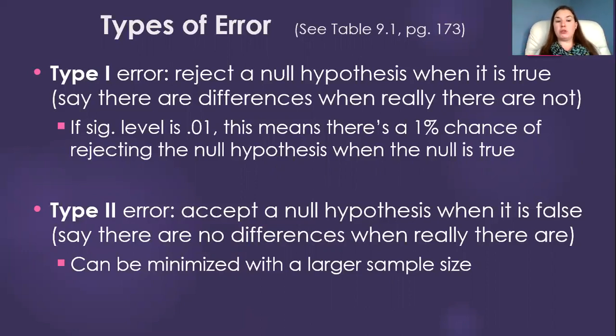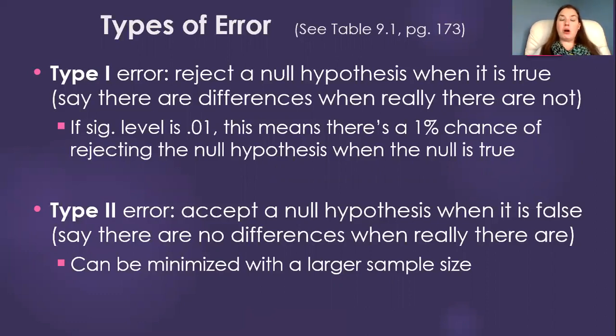The way that type 2 error is addressed is with a larger sample size. If we have a bigger sample, we're more likely to be able to detect a difference between groups in our sample, so that we would then be able to make conclusions about the population.